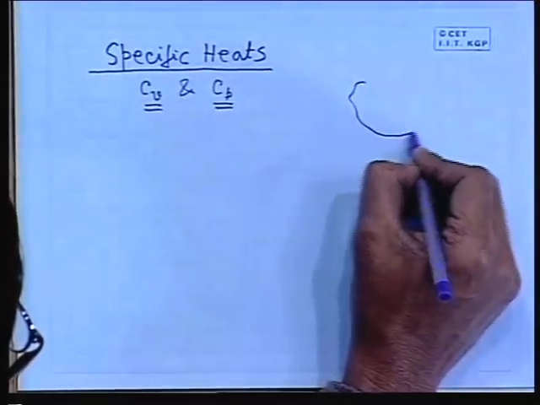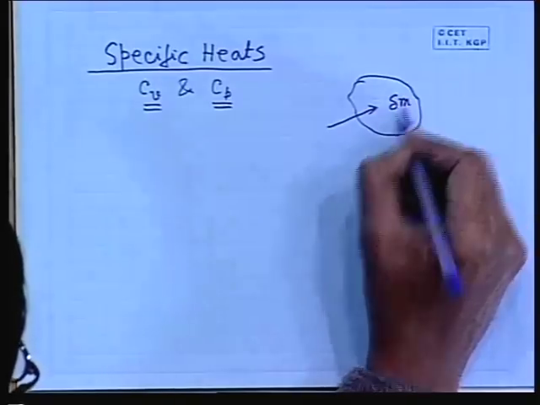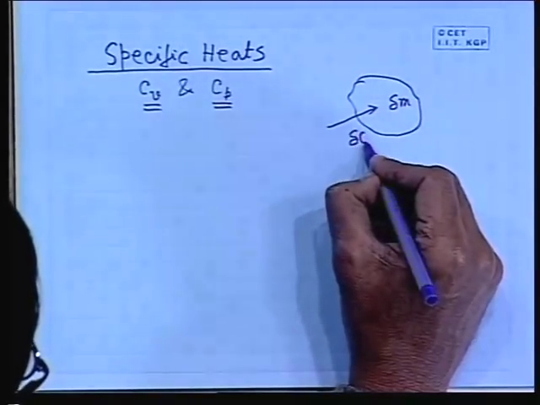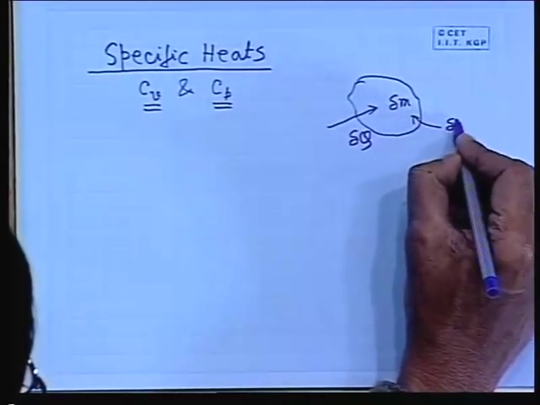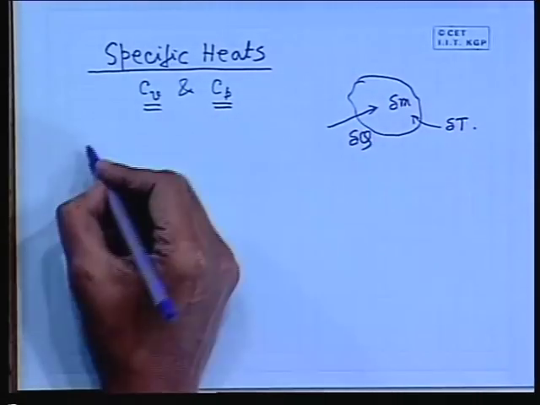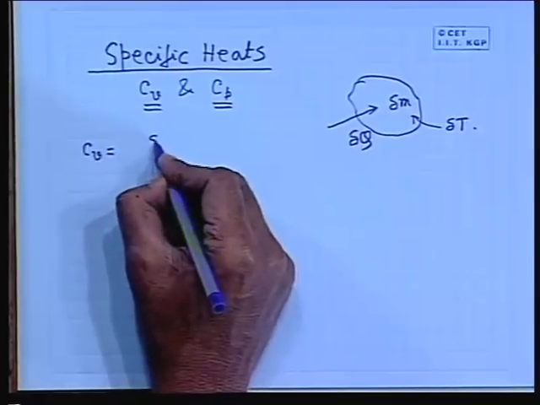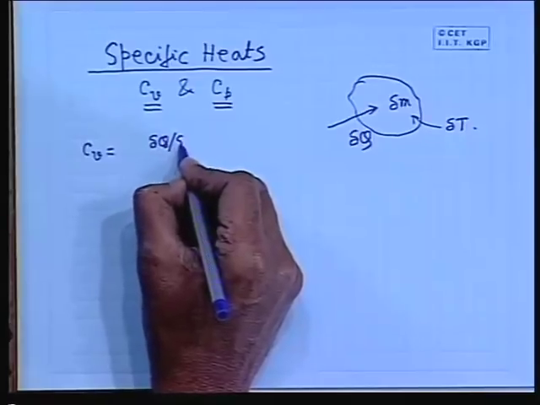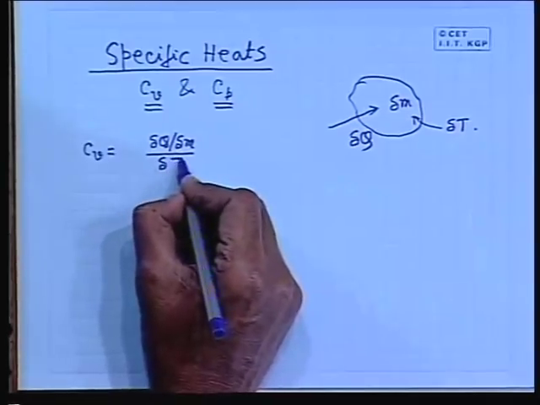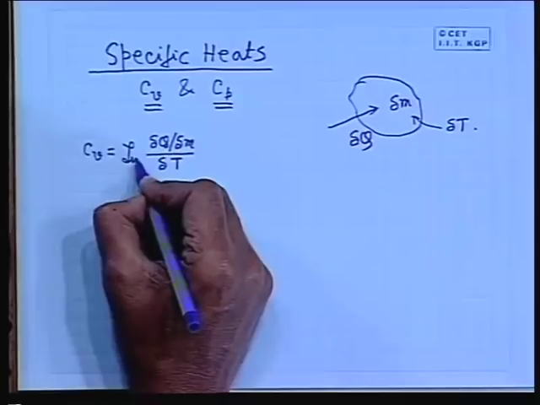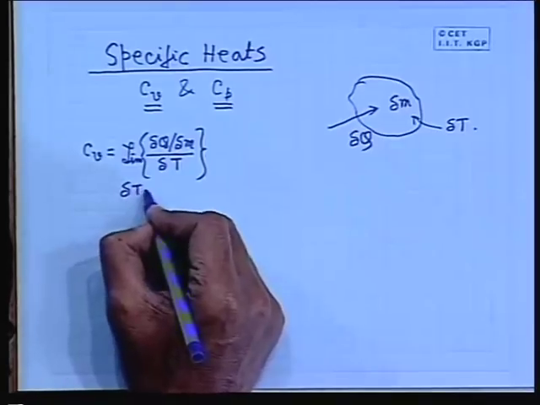Let us consider that a system of small mass delta M receives an infinitesimal amount of heat delta Q, for which there is a rise in temperature delta T. Then the definition of specific heat is delta Q per unit mass delta M divided by delta T, the limit of this quantity as delta T approaches 0.